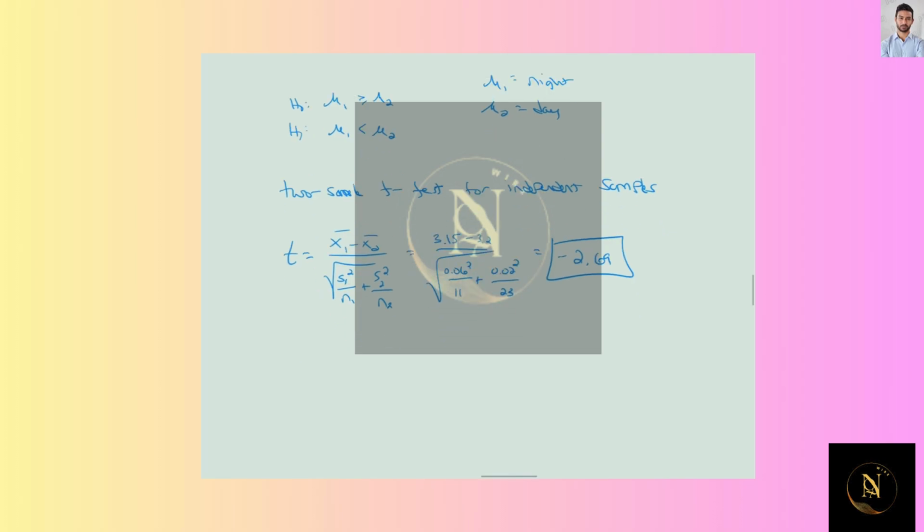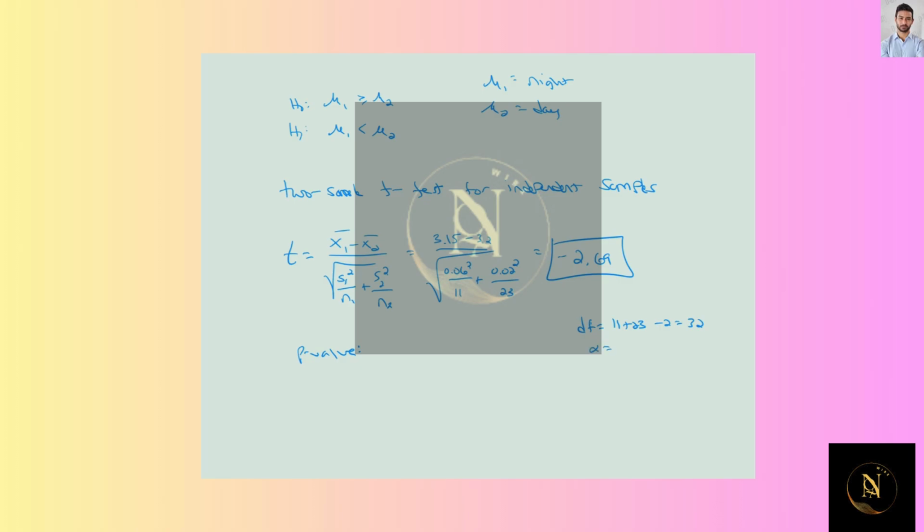The p-value, since there would be degrees of freedom of, you add the two samples together, which is 34, and then subtract 2. Degrees of freedom is 32.